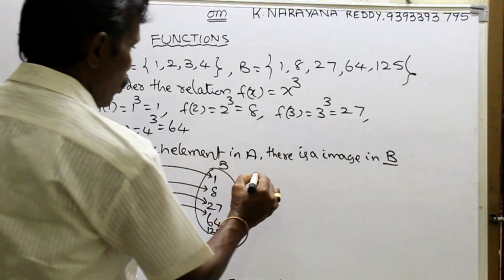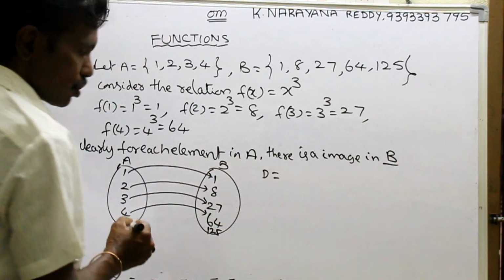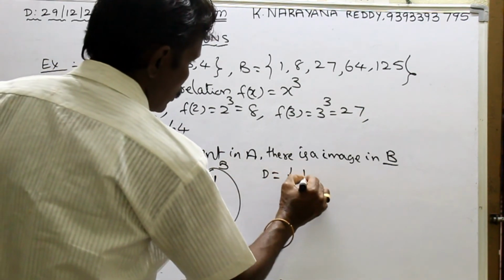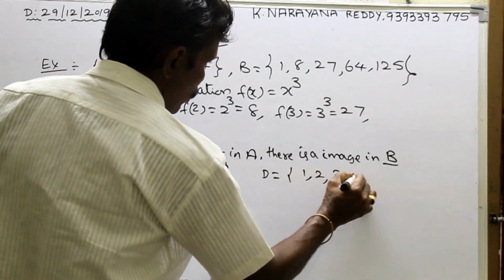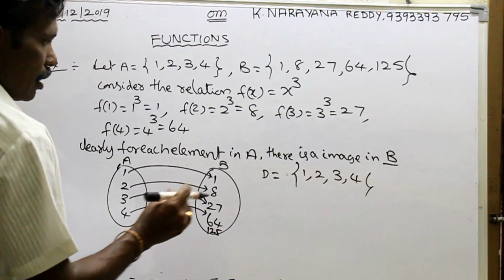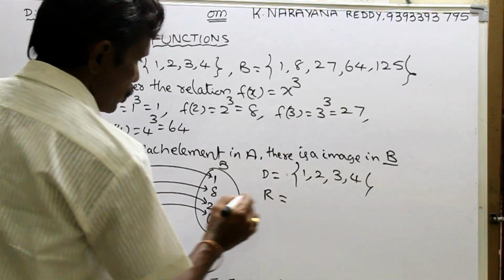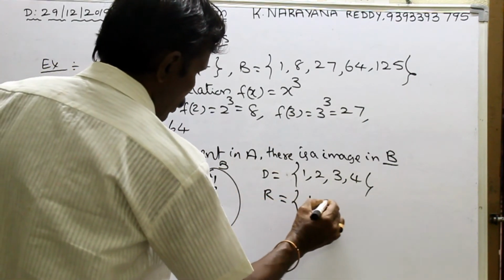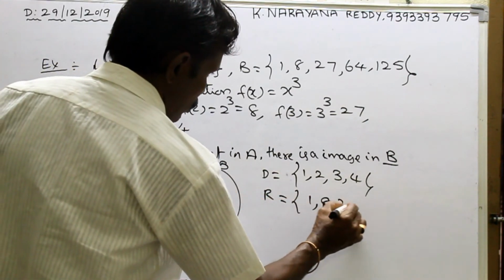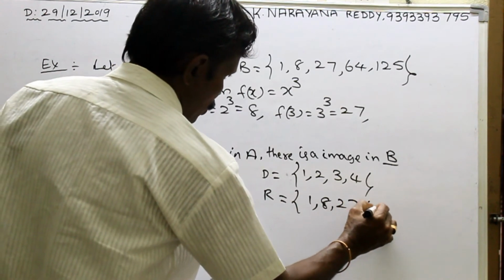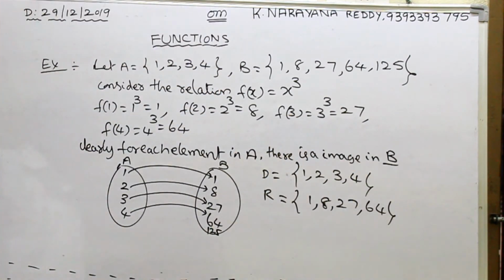So here domain D equals 1, 2, 3, 4, and range R equals 1, 8, 27, 64. That's all.